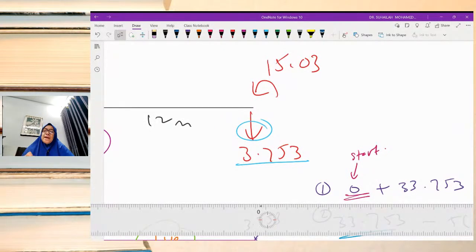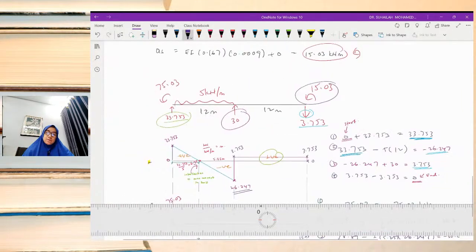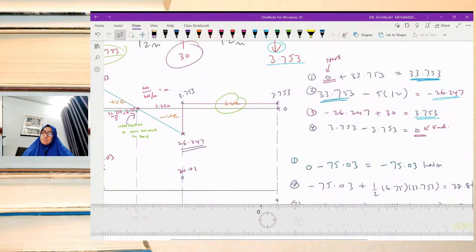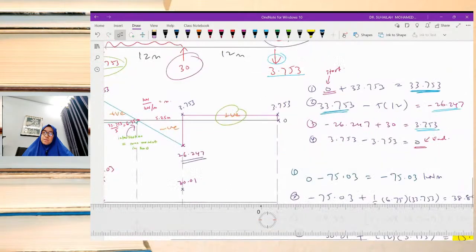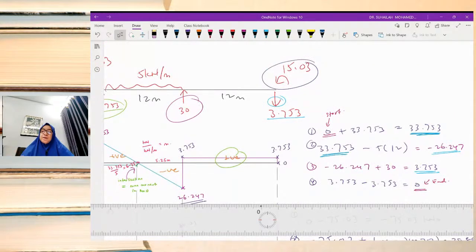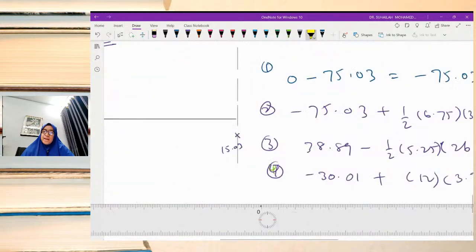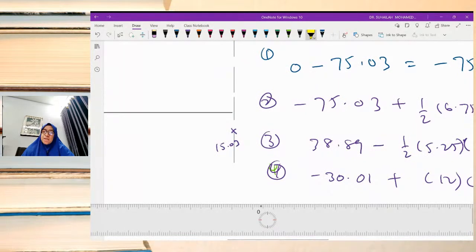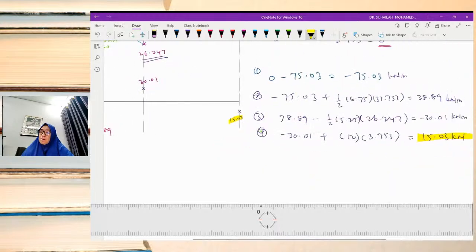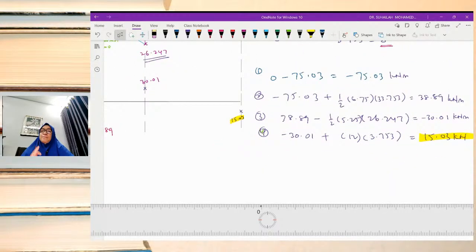Okay, and the last point will be this. This one is negative. When we get this 15.03, this is a positive value. Remember, the diagram must be closed at 0.